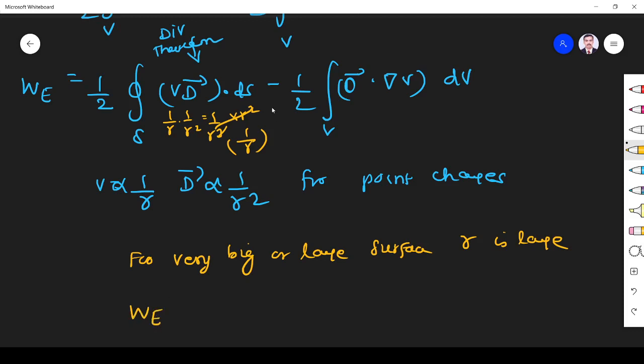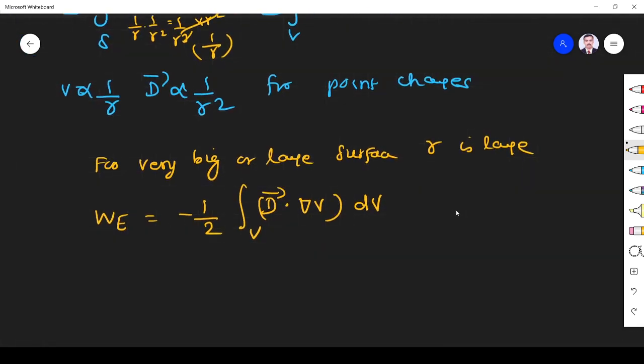So this will become approximately equal to 0. So I will have W is equal to minus 1 by 2 ∫ V D·∇V dV, sorry, minus 1 by 2 ∫ D·∇V into dV. Okay, so this is what we have to remember, right? This condition is applicable only if you have a large surface.